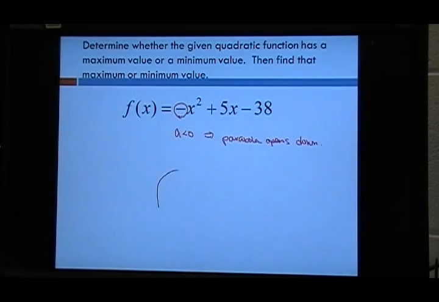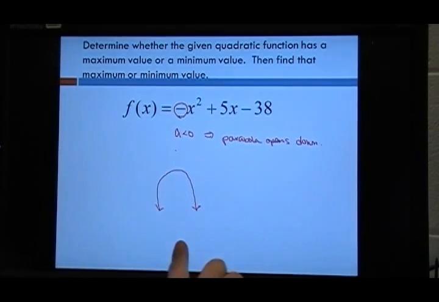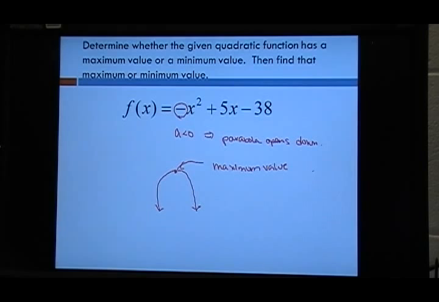So the parabola is going to look something like this. So when I look at this parabola, it does have a highest point, it does not have a lowest point. So this will have a maximum value, and again, the maximum value, it's always y value. So this is going to be the y coordinate of our vertex.